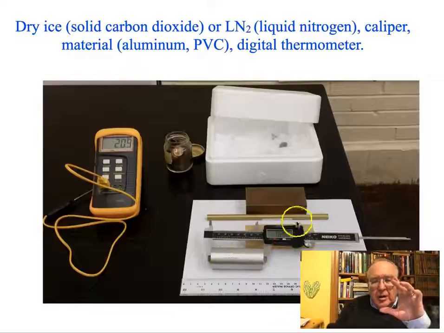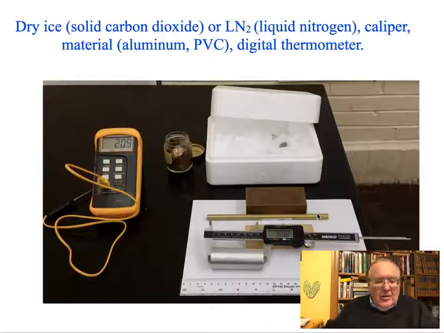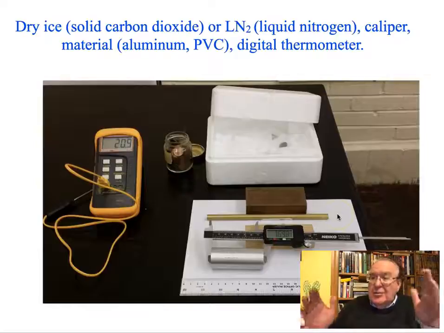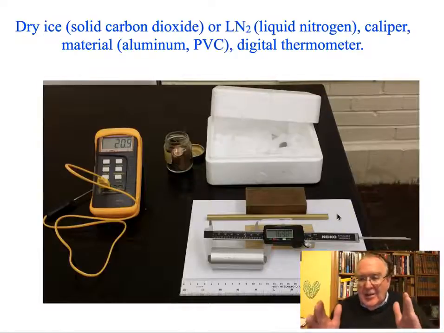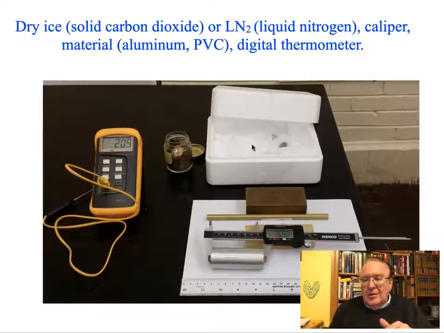Here's an aluminum bar, and here's a brass tube or something like that. So you can actually measure the length of an object with a caliper as a function of the temperature. You may start by putting it in dry ice, measure it, and then just let it sit there, and it'll slowly expand as the temperature goes up to room temperature. So that's thermal expansion.